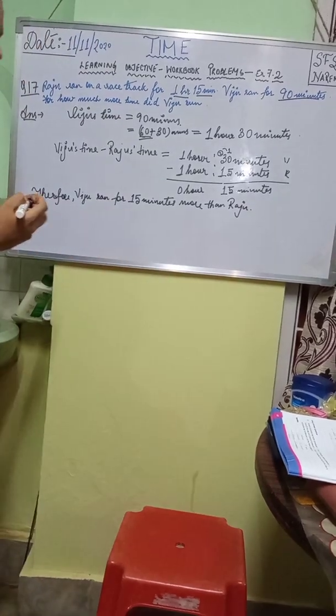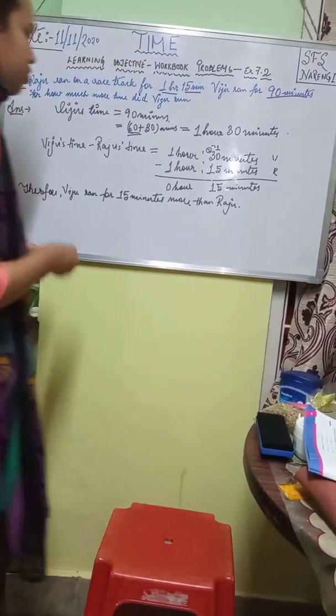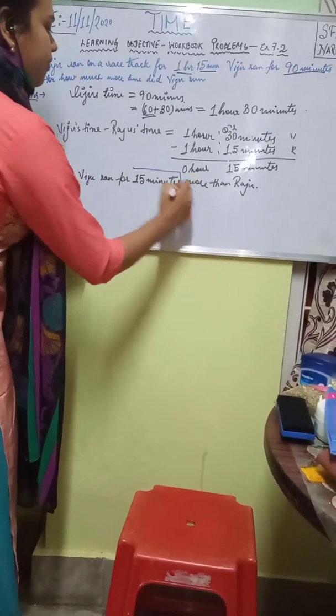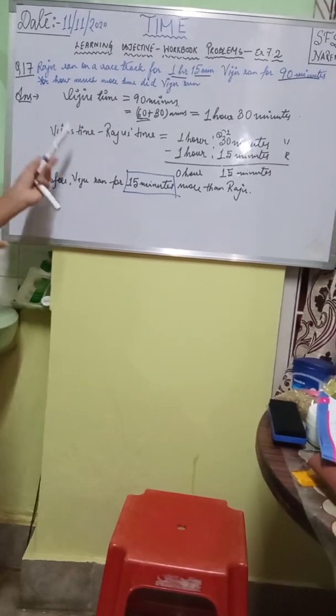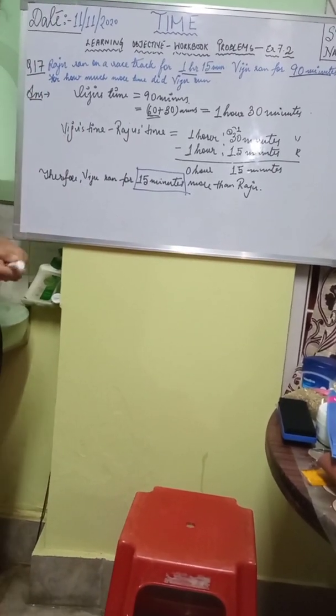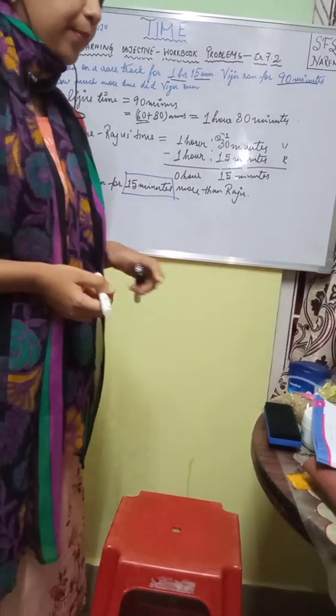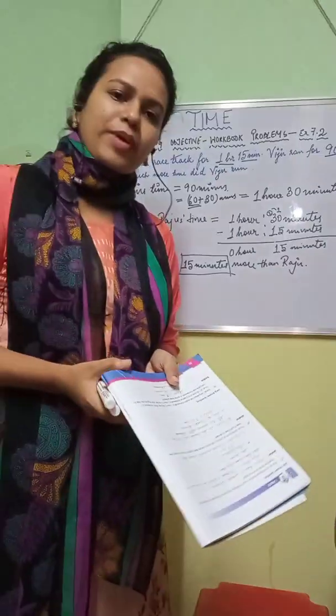How much more time did Viju run than Raju? The answer is 15 minutes. I hope this question is clear. This is question number 17 from your workbook. All right, so let us try another question.